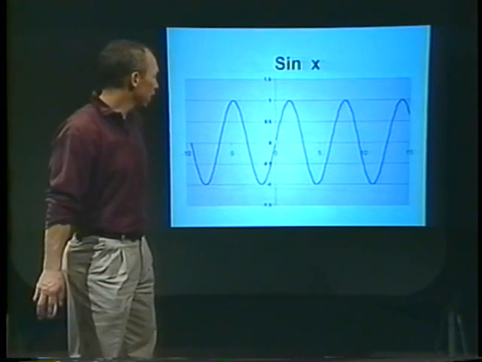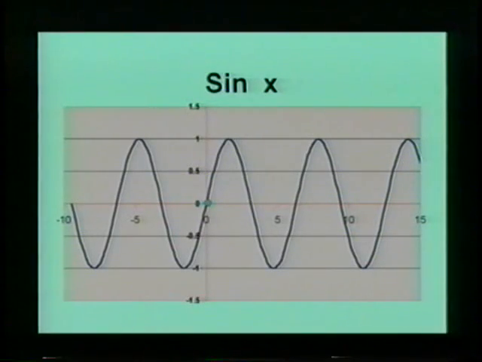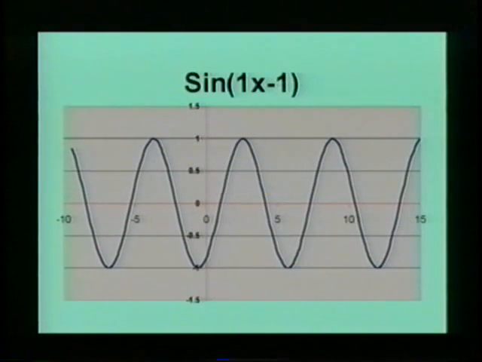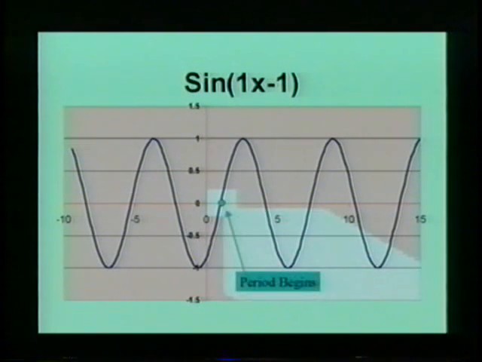Okay, we start here, and this is a different word. If the sine of x starts here, the period begins at 0, and it ends there at about 2 pi. Okay, that's where it normally is. What if I had this graph, and it started there? Now it usually starts at 0, but it's starting there and it's ending here.